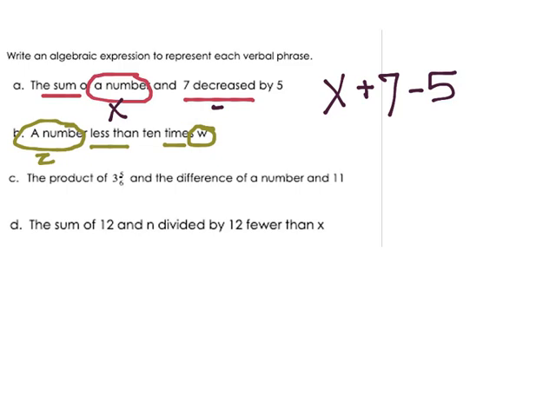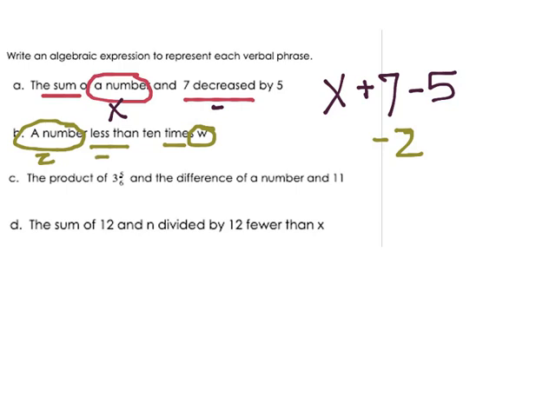I know that based on the switch rule that we learned last week, if I see the phrase less than, I know that the order of my terms is going to switch when I write out the algebraic expression. So that means a number less than 10 times w, I know that the end of my algebraic expression is going to be this subtraction of this number. Okay, because I know less than means subtraction.